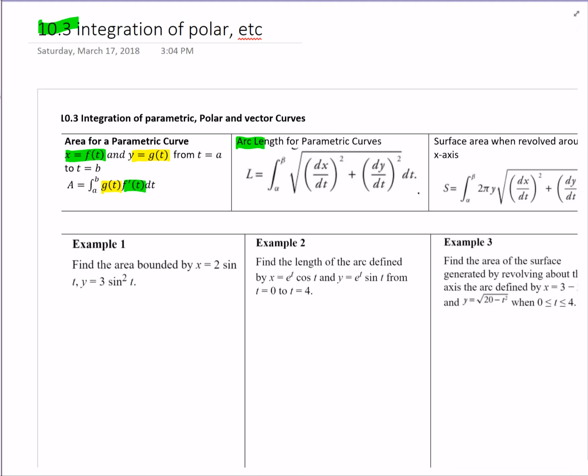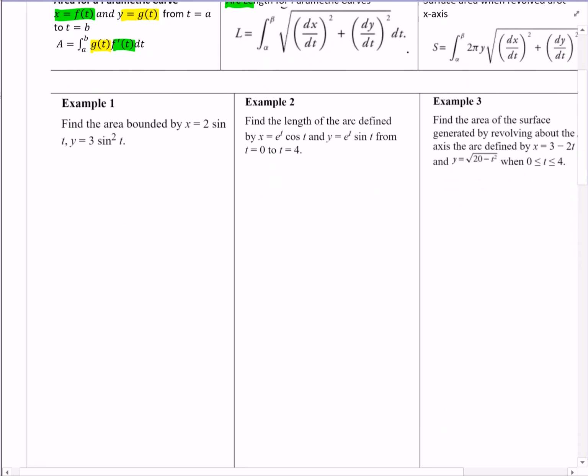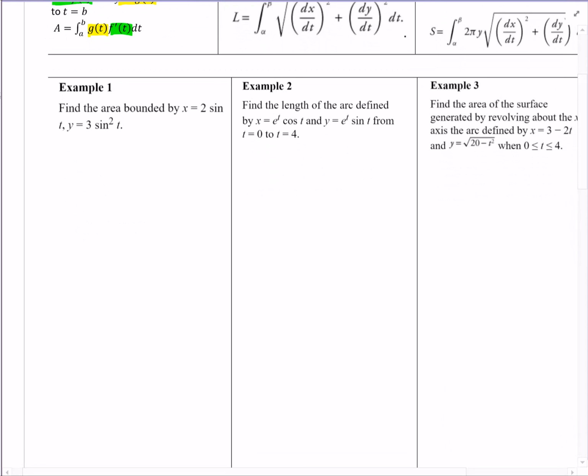And so let's look at an example and see if we can figure out how this goes. So this example says, find the area bounded by x equals 2 sine t, y equals 3 sine squared t. Basically, we can set up an integral. We can say the area is going to equal g of t, which is the y piece, right?